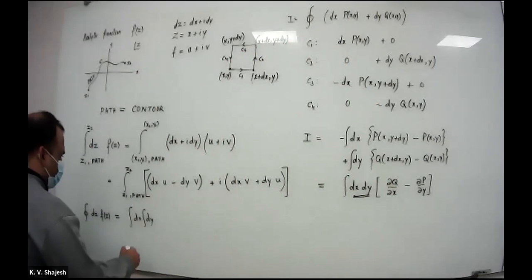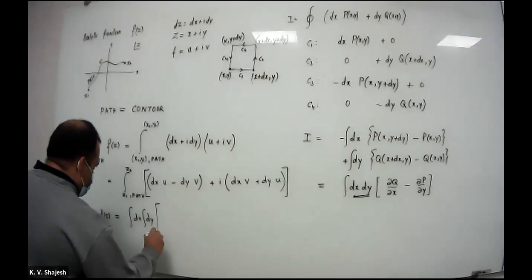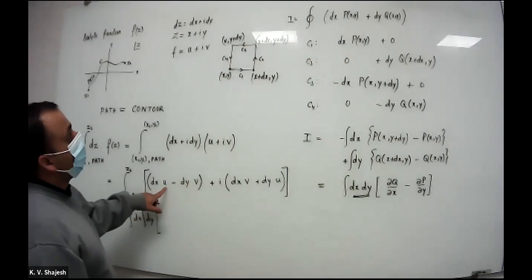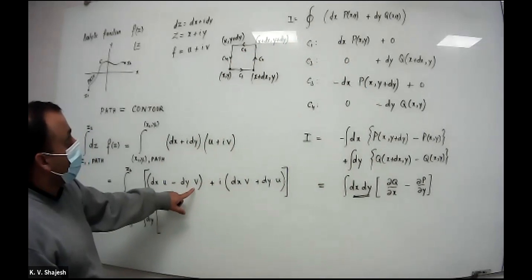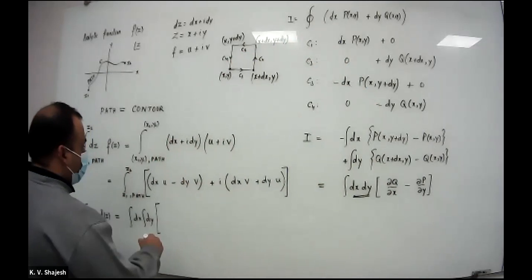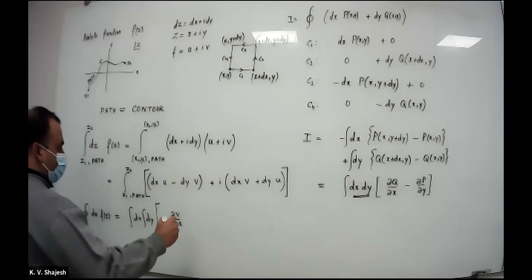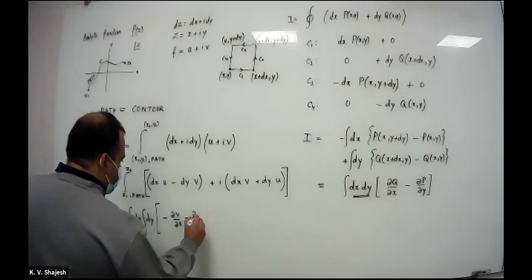So, in this case, there are two integrals now. In this case, u is p and q is minus v. So this is minus v, so this is dv by dx, and this is minus du by dy.